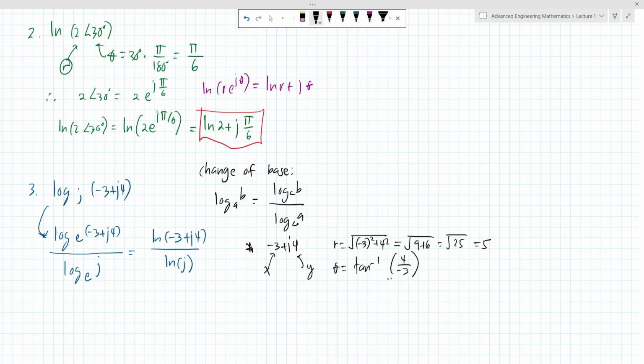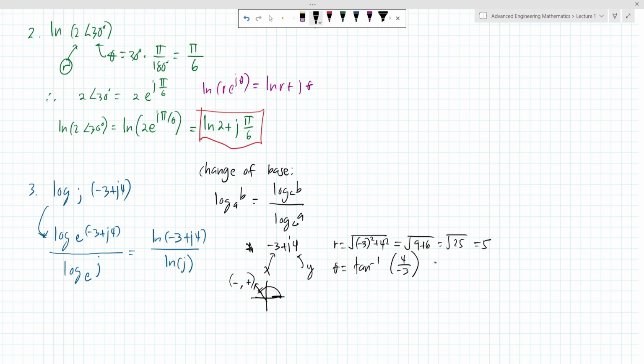Our x is negative and our y is positive. So in what quadrant will the angle lie? Negative, positive, that is in the second quadrant. So make sure that your angle is between 90 and 180 degrees.